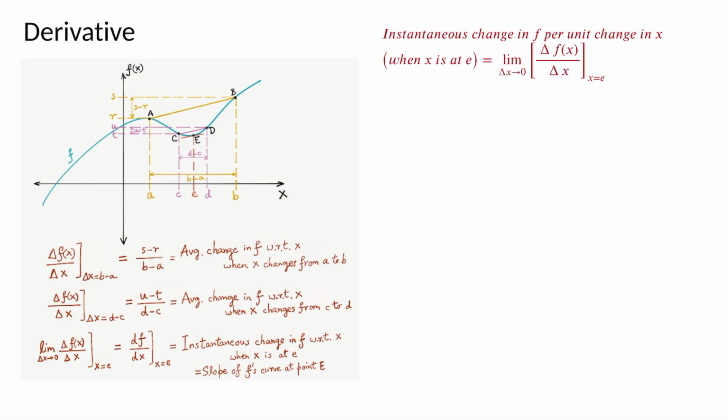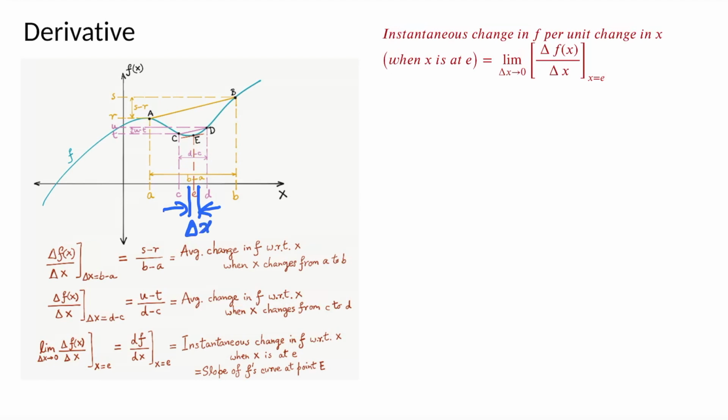By this logic, you keep coming closer to the point x equal to E, that is, you keep narrowing this interval, and keep finding the slope of these secants that you get on this graph, to the extent that delta x tends to 0 around x equal to E. So, think of a very small interval around x equal to E such that delta x tends to 0.